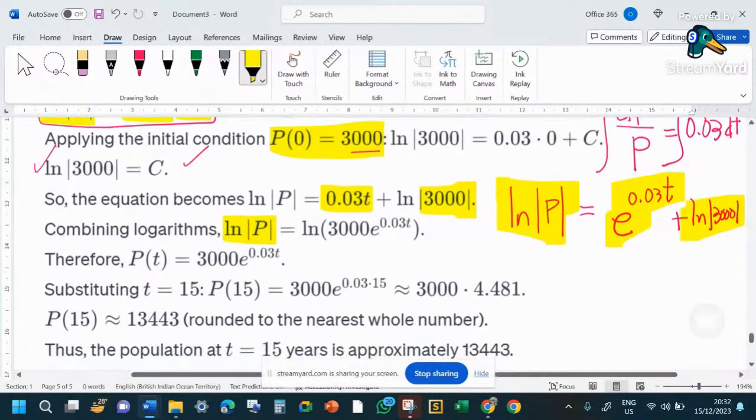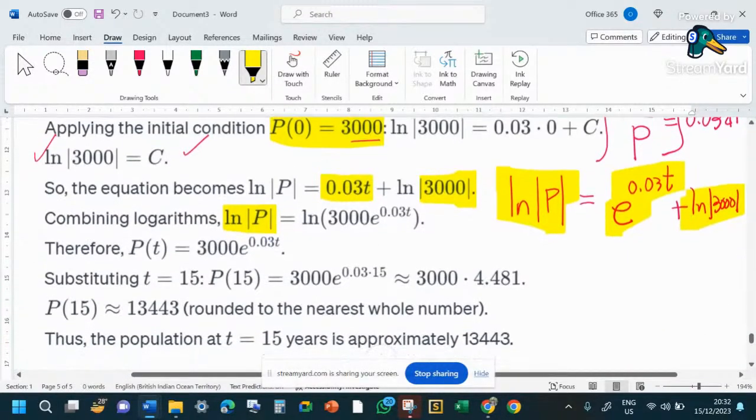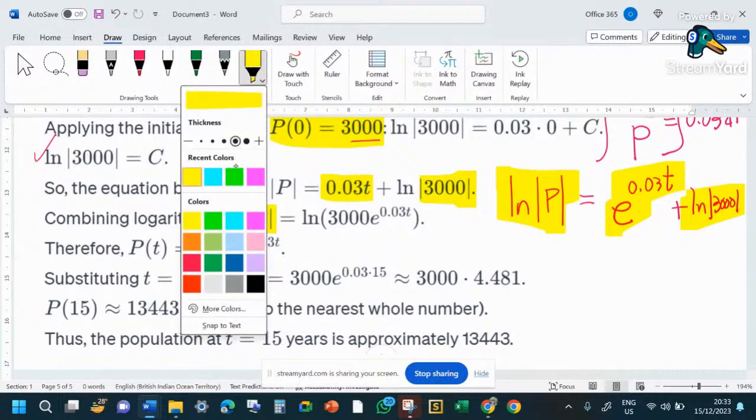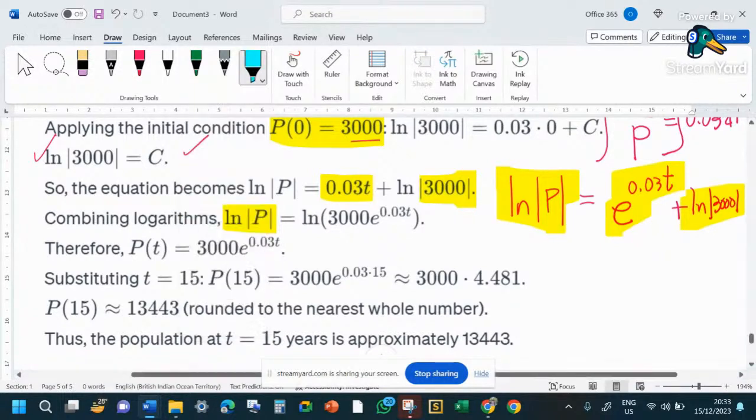Then, what are we going to do next? We will substitute the value of 15 because we are looking for the population after 15 years. Okay, so we have P of t. But why is it that it became P of t?